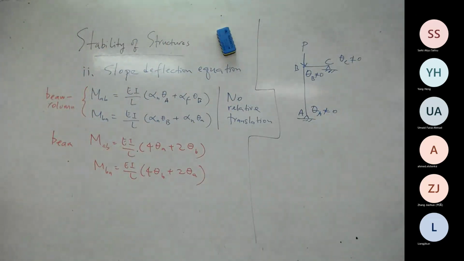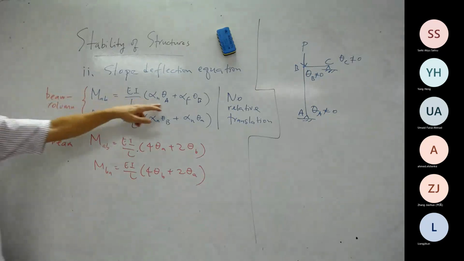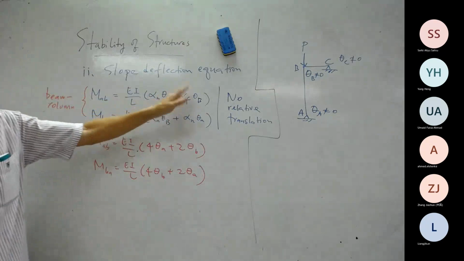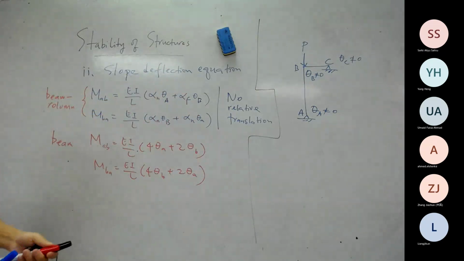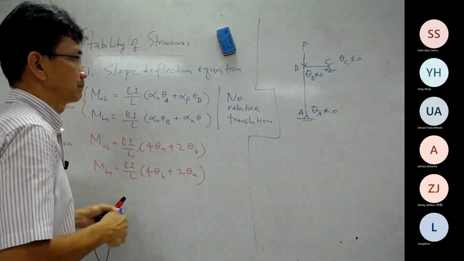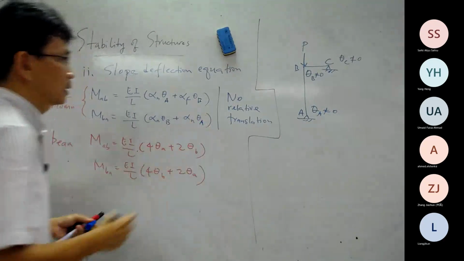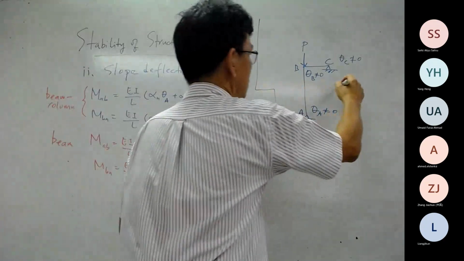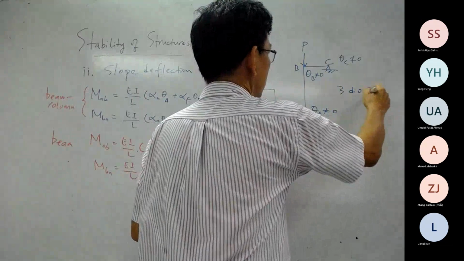Those are the first things that you need to know because they will affect your equations. If one of these is zero, then that rotation will disappear. So this is 3 degrees of freedom.